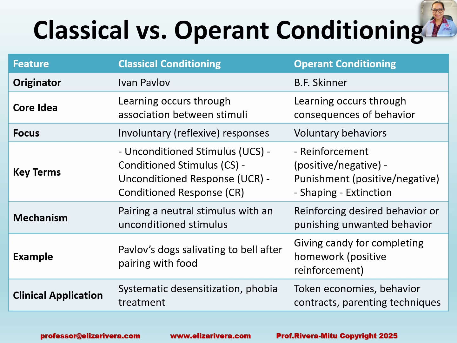This is used in parent training, behavior modification, ADHD treatment, and substance use programs. Whereas classical conditioning teaches association between two stimuli, operant conditioning teaches us that behavior is shaped by its consequences.